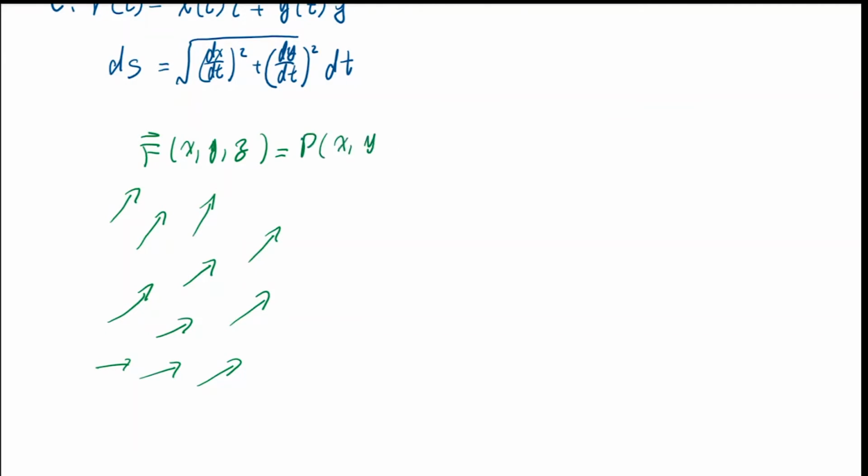P of x, y, z, i vector plus Q of x, y, z in j vector plus R of x, y, z k vector. You didn't enter it in this format, you put it as a column vector, correct? Your function x, y, z.